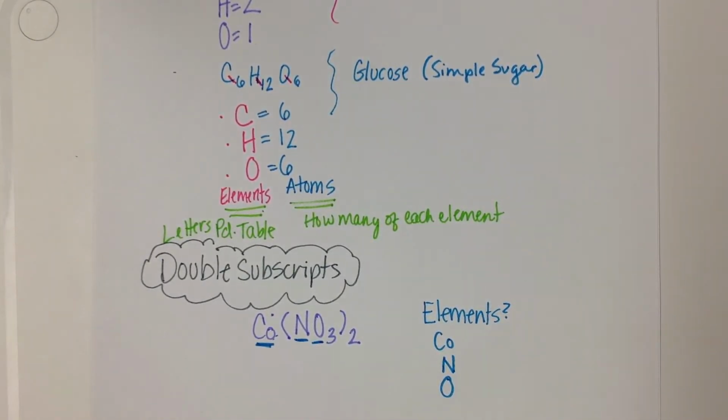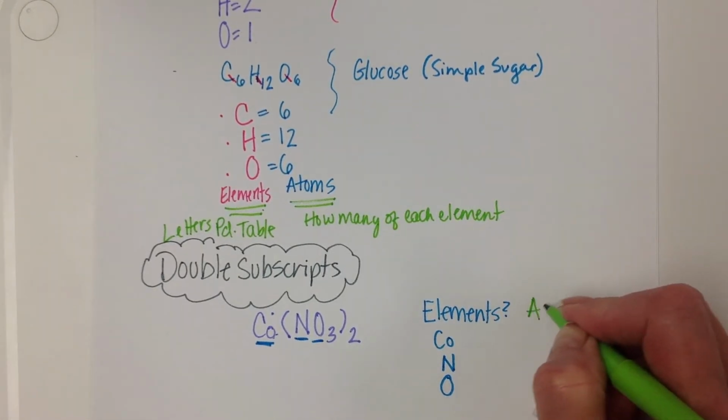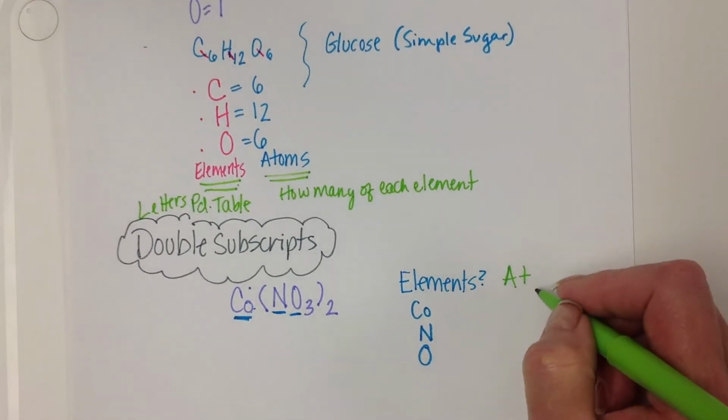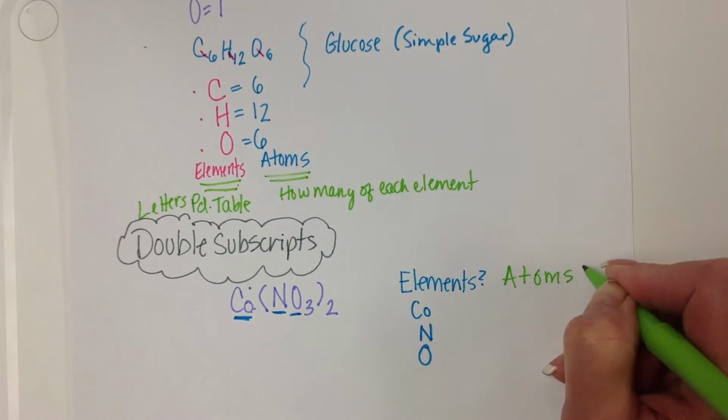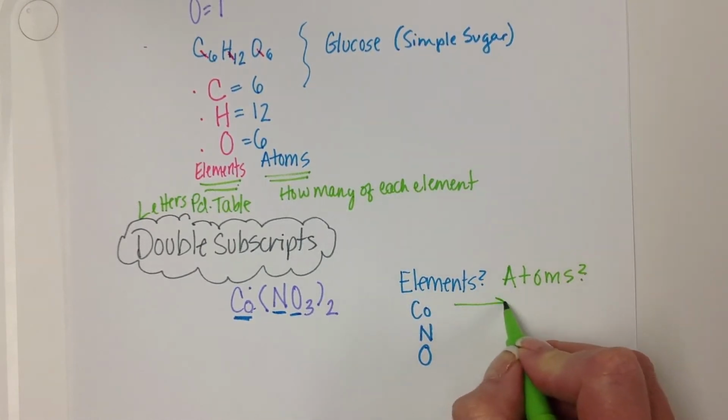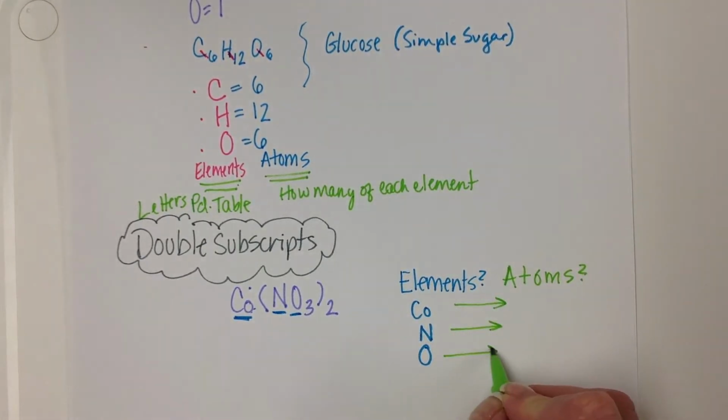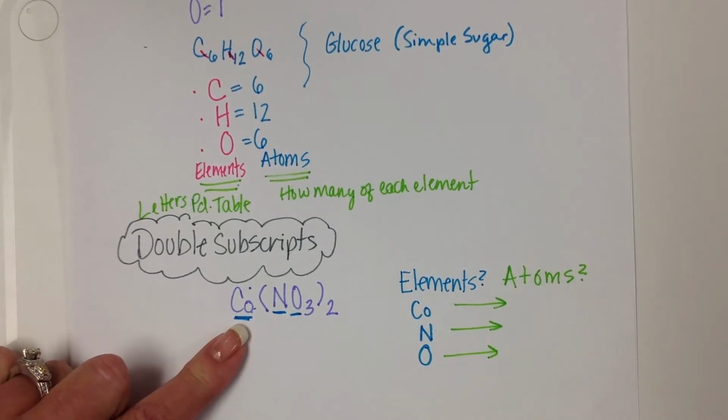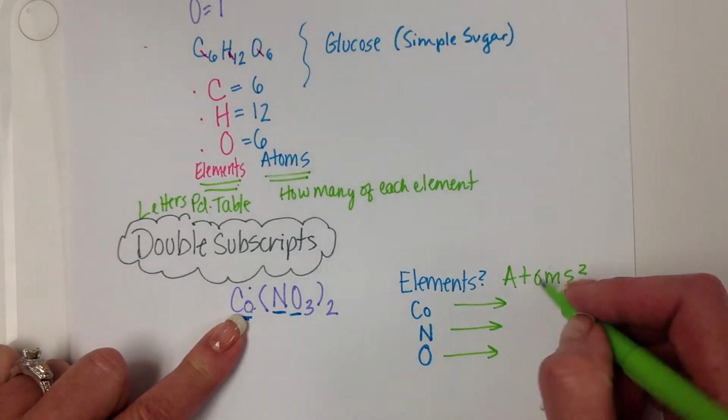So let's figure out how many atoms of each. So we want to know how many atoms of each of these we have. So Co is all there by itself. There's no number next to it, no subscript, indicating that there is only one.